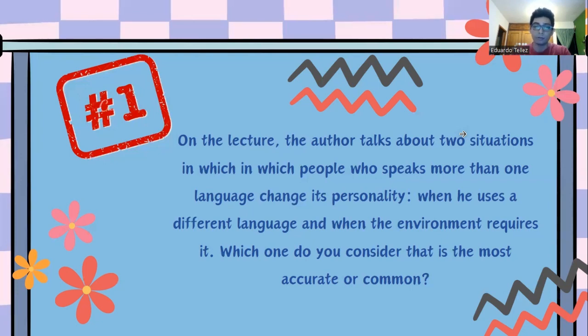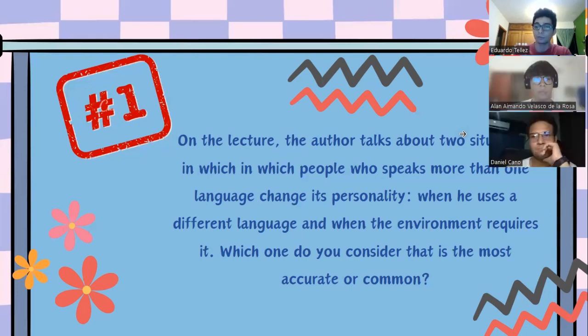So the question is, when someone uses a different language and the environment requires it, which do you consider the most accurate or common? Daniel Cano, would you like to discuss it?